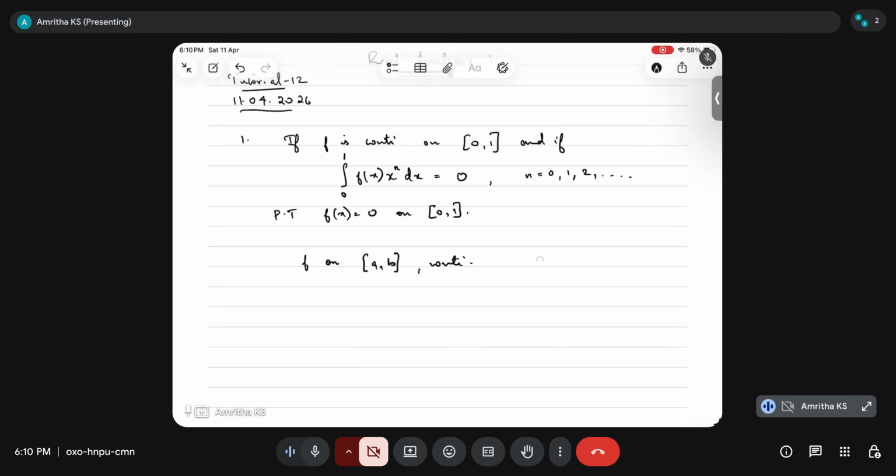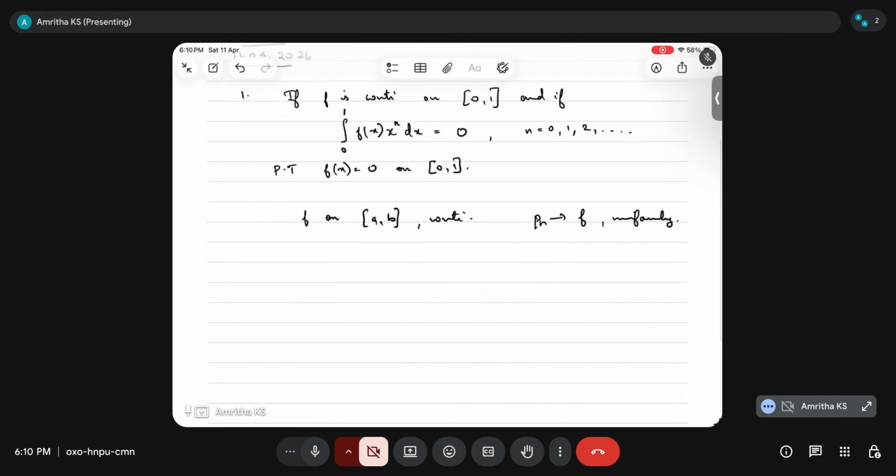So that means there exist some polynomials Pn that converge to f uniformly on that interval. Now for this question, you should prove that f(x) is 0.